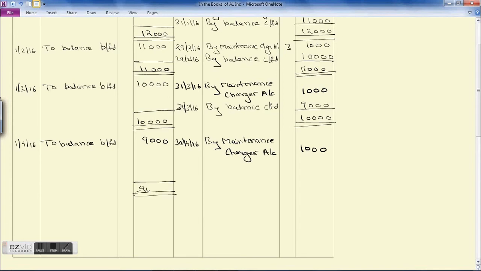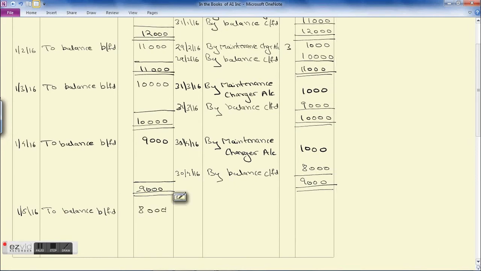Total here comes to 9,000. Then by balance carry forward 8,000 on 1/5/2016, to balance brought forward 8,000.